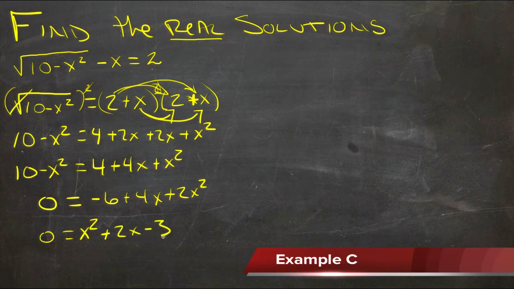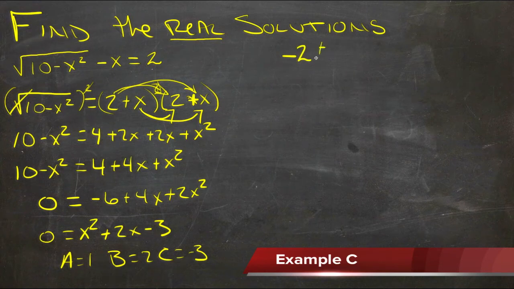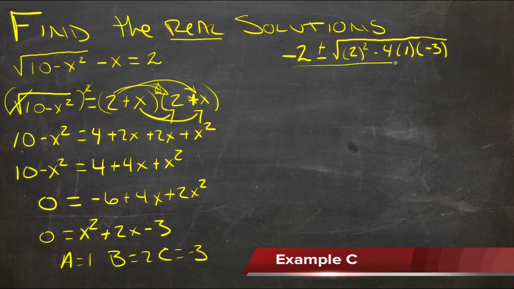Then what we'll do is put all these things into our quadratic formula. We have an a of 1, a b of 2, and a c of negative 3. So we'll have negative b plus or minus the square root of b squared minus 4ac, all over 2a.